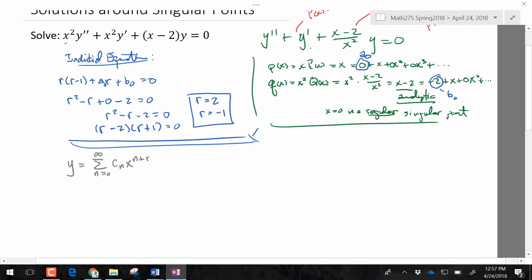It's because the capital P is 1, and then little p is x times capital P, and so little p of x is actually equal to x. So it would be 0 plus 1 times x, plus 0 times everything else is 0.